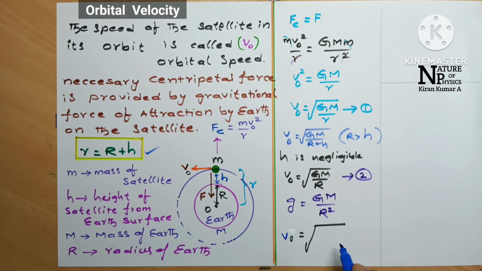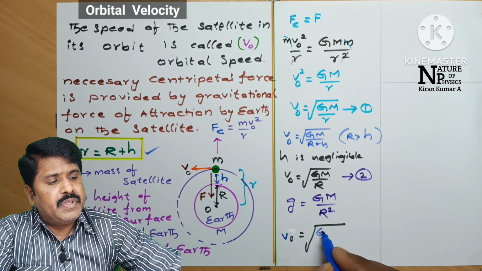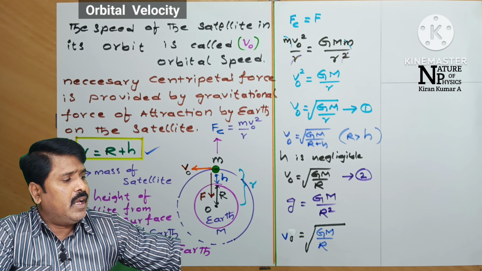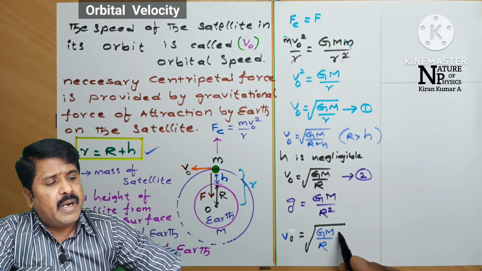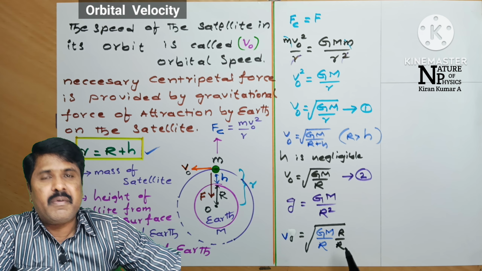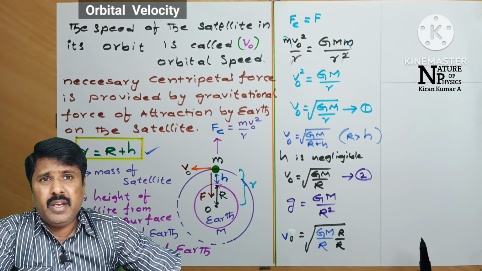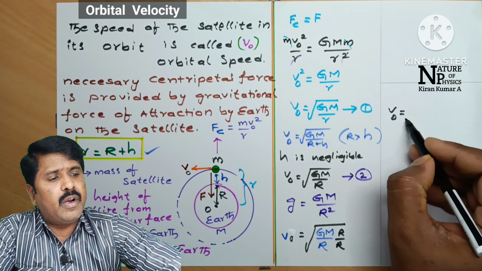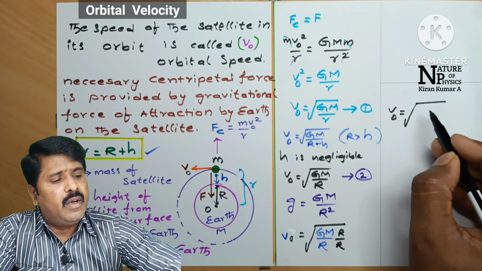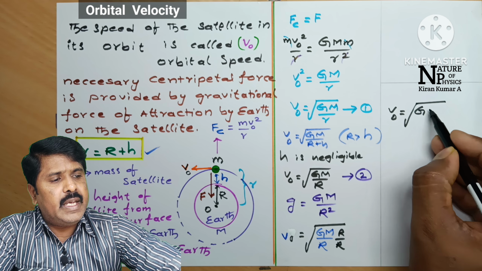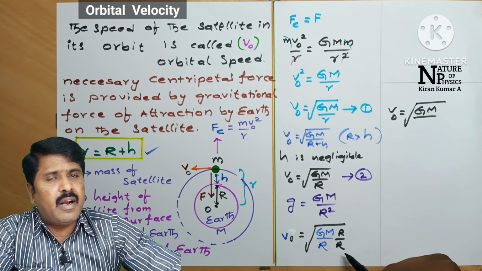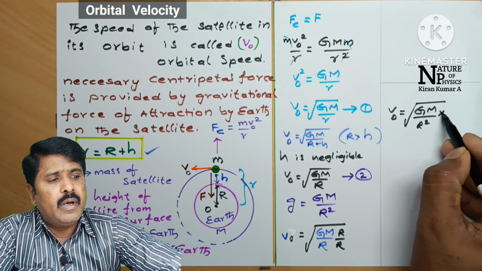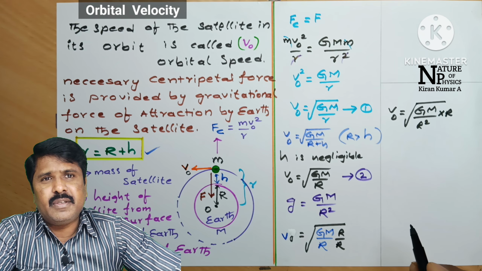So v naught is equal to root over GM divided by R, and multiplying and dividing by R, the denominator becomes R square, with R in the numerator.